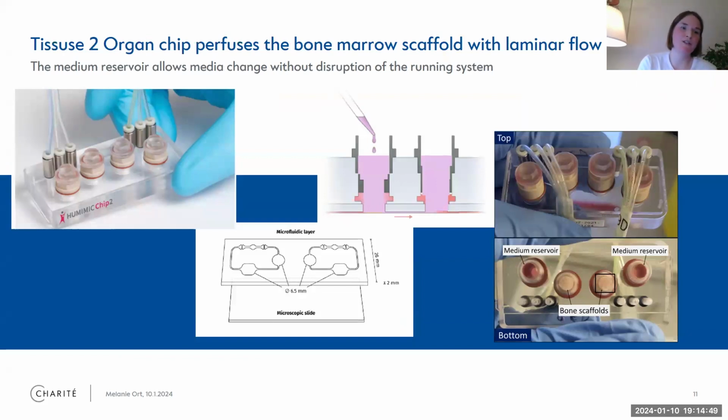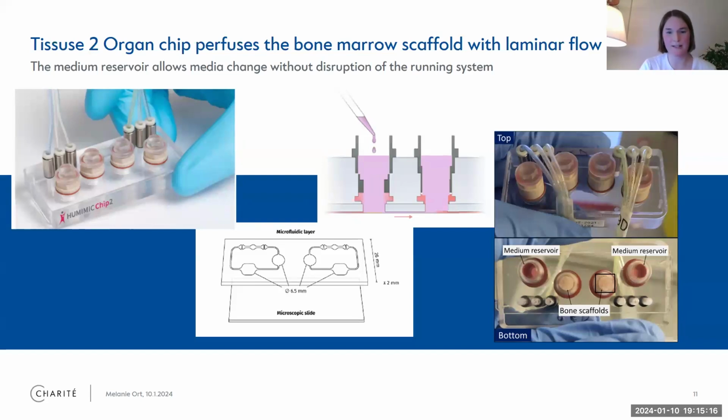We actually use TissUse's 2-organ chip. It's a company based in Berlin, and the 2-organ chip, along with other chip models, is commercially available from them. It works something like this. It's a microscopic slide, and you have 2 circuits embedded onto that slide, independent from one another. They have two wells that are connected, and then you have laminar flow.